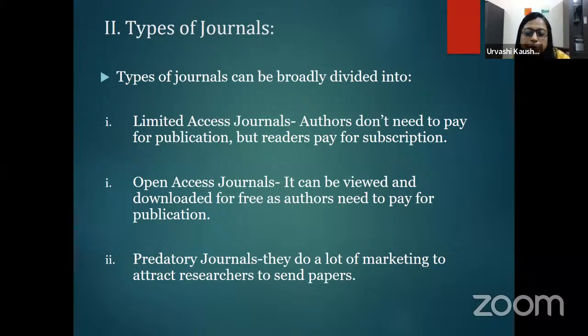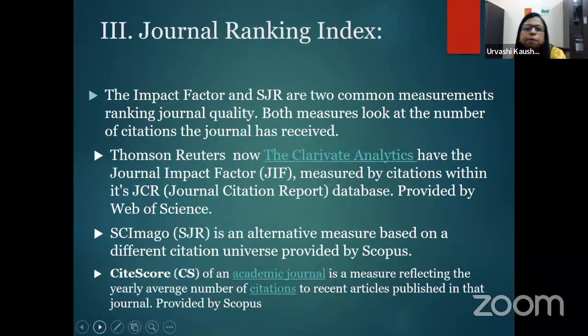Any review process would take at least 15, 20 days, or maybe 1 month, or sometimes good reviewers take around 3-4 months also. So predatory journals generally approach the researchers more. And secondly, they are very fast. You simply have to pay a small amount of money, and then they would publish the paper.